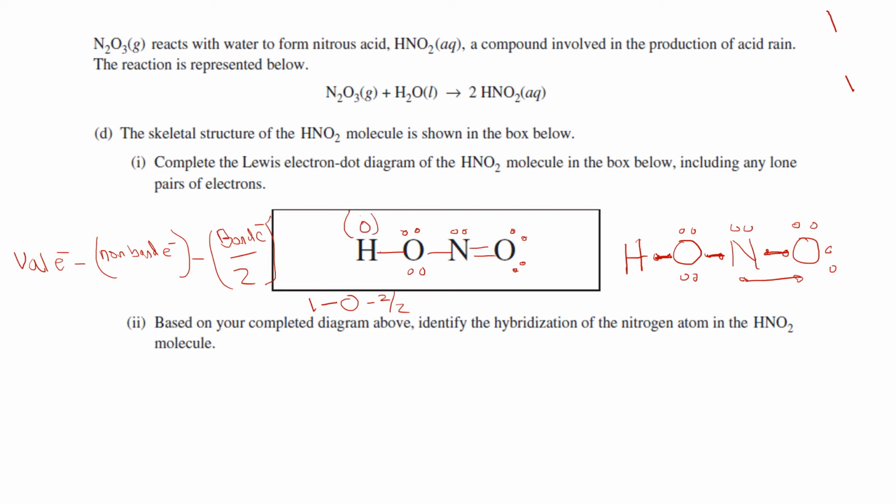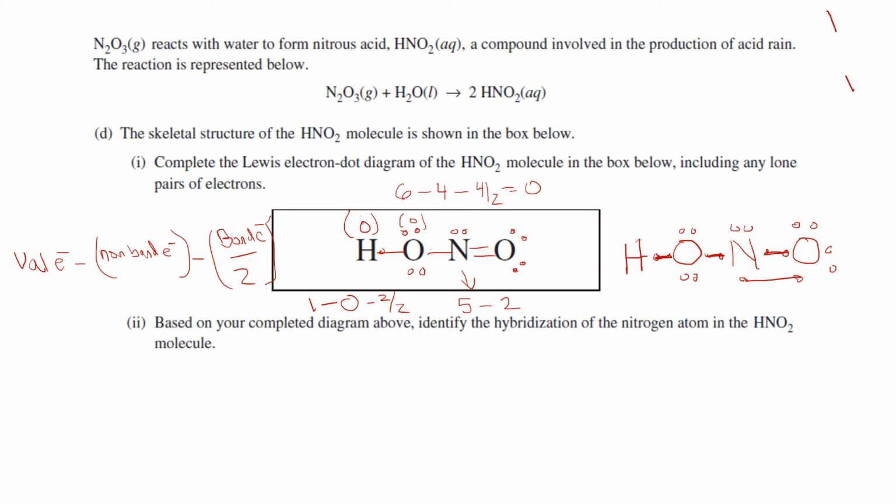For hydrogen, 0. Oxygen, valence electrons are 6. I've got 1, 2, 3, 4 non-bonded electrons. Bonded, I've got 1, 2, 3, 4 divided by 2. So 6 minus 4 minus 2 gives me 0. So formal charge on oxygen is 0. For nitrogen, it's 5 valence electrons. Non-bonded, I've got 2.